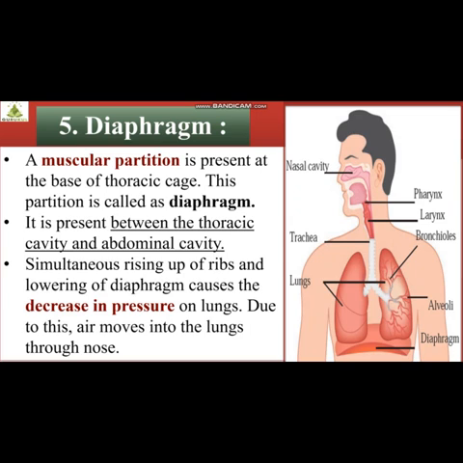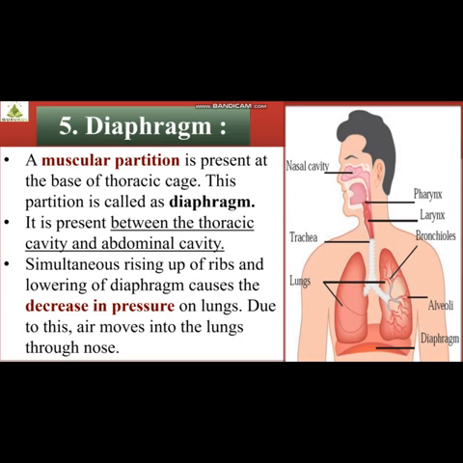Simultaneous rising up of ribs and lowering of diaphragm causes a decrease in pressure on lungs. Due to this, air moves into the lungs through the nose. What happens during inhalation, when we are taking air inside our lungs, is there is rising up of ribs. We all know that rib cage is part of the skeleton.